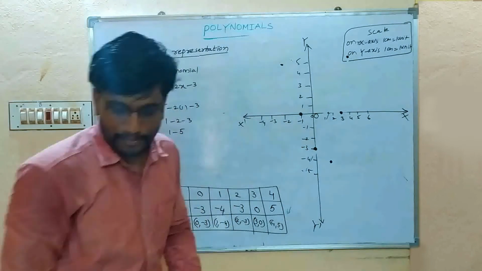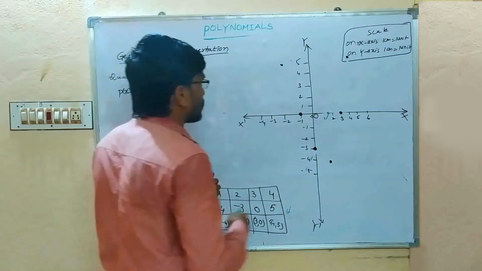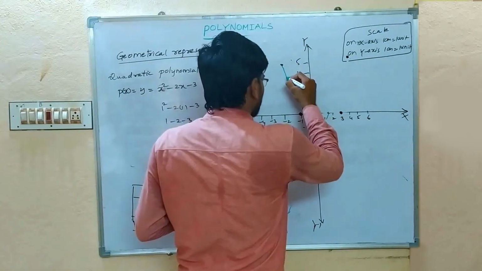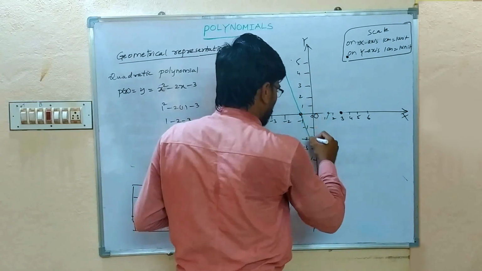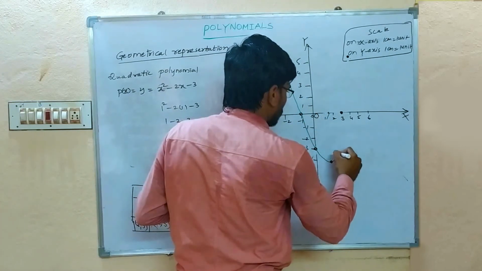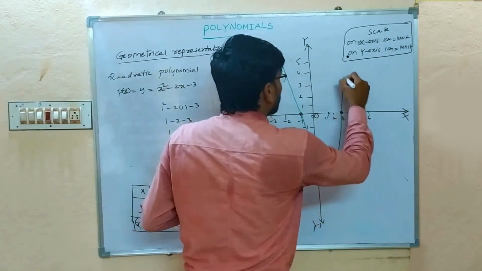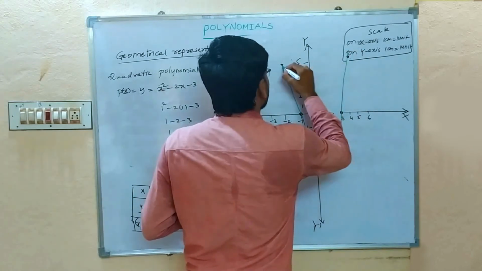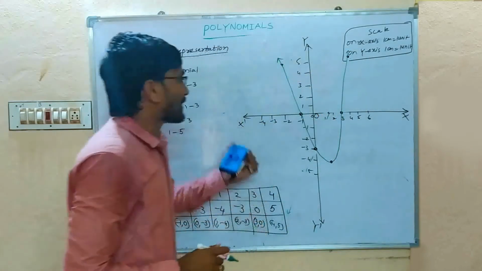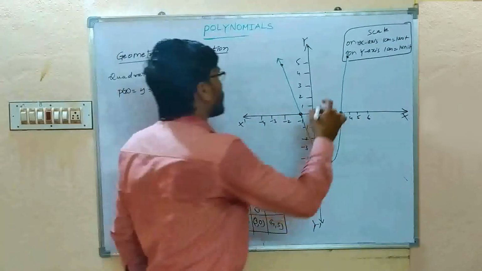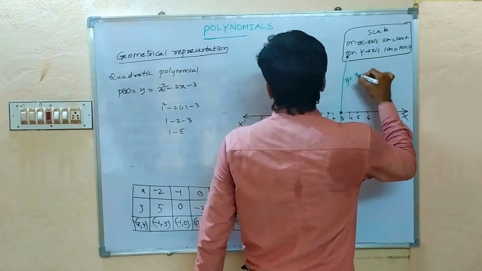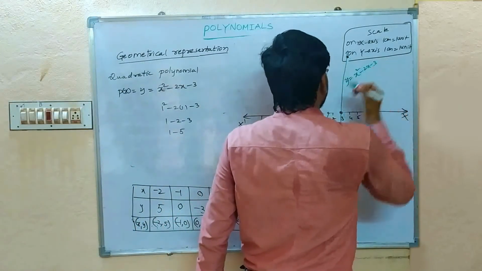So now plot the points and join the points. So this is the graph of the polynomial y is equal to x square minus 2x minus 3.